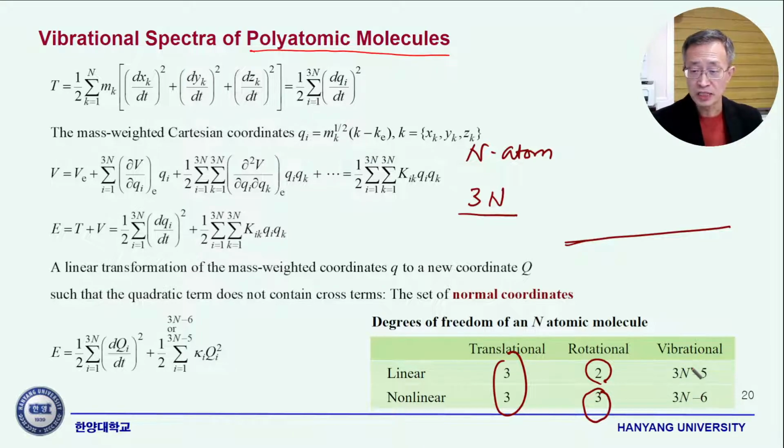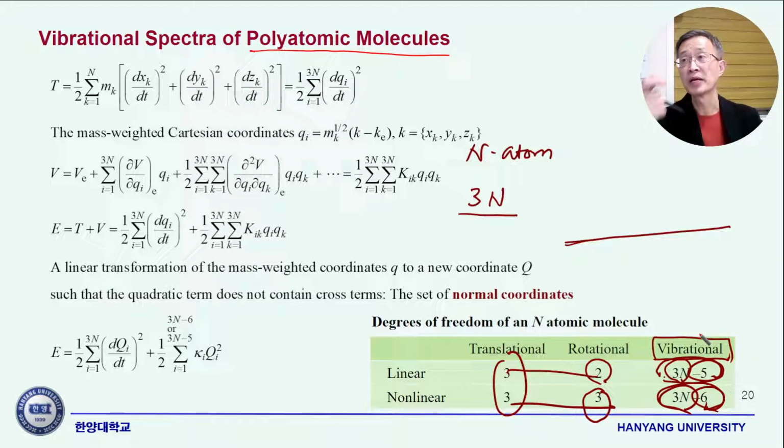So in the vibrational case, 3n minus 5 for the linear and 3n minus 6 for the non-linear molecule are vibrational degrees of freedom. That many normal coordinates are there, meaning that many frequencies you can obtain.